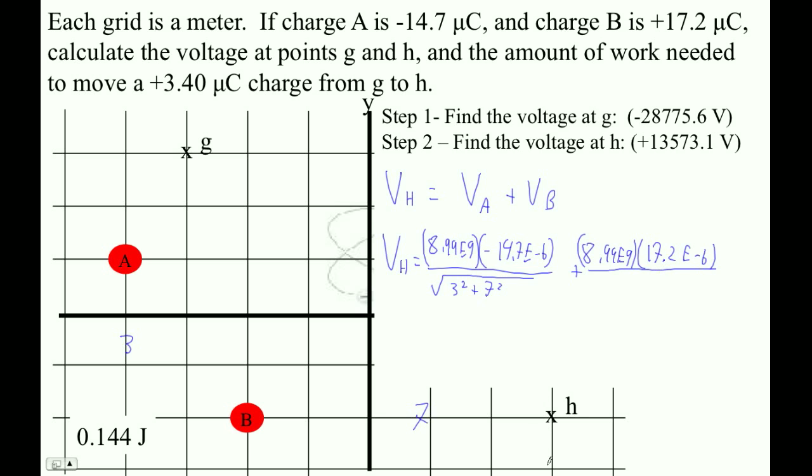Okay, hold on. All right, the voltage due to B is straight over. So 1, 2, 3, 4, 5, just 5. That's easy.